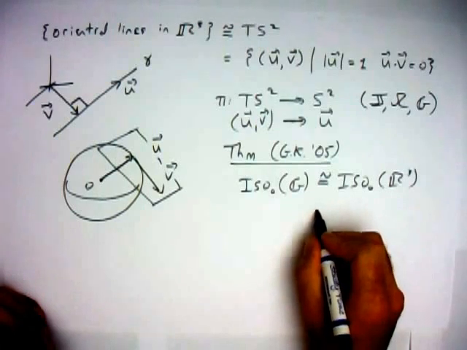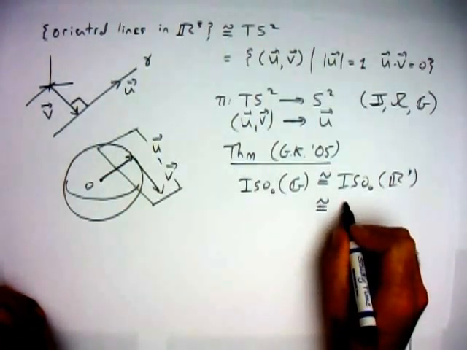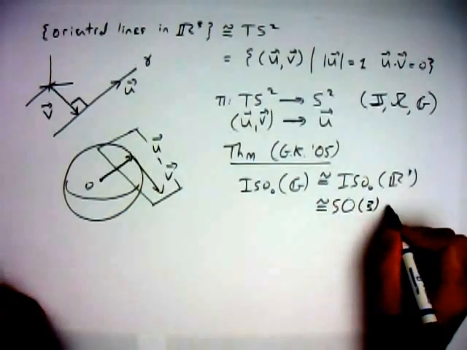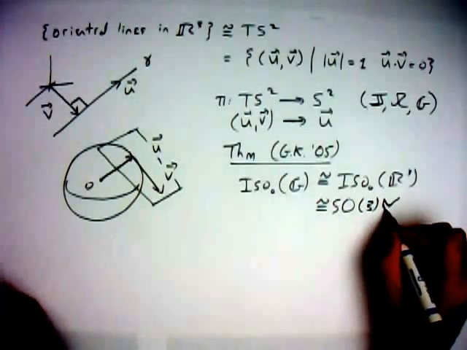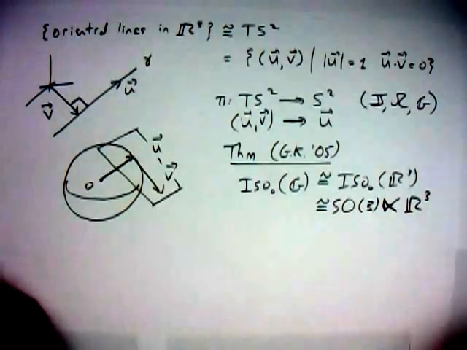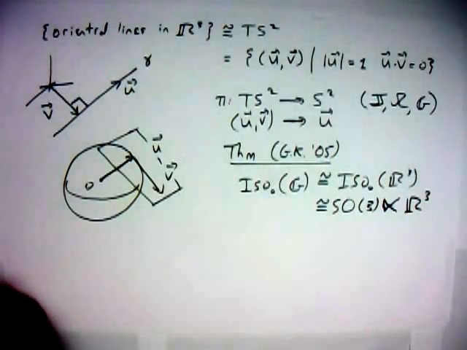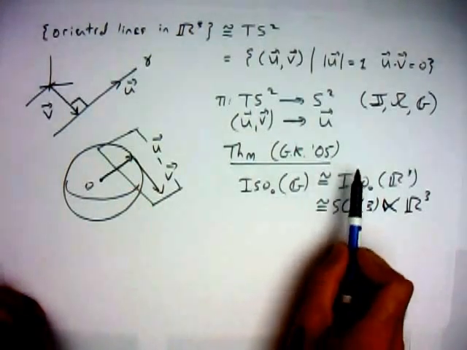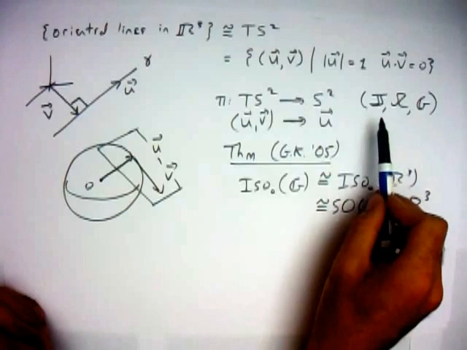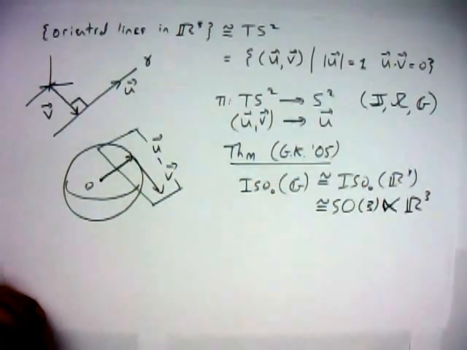In other words, translations and rotations. So let's just say R3 semidirect product SO(3). What that means is that geometry here, in this metric in TS2, faithfully represents what goes on in the Euclidean setting.